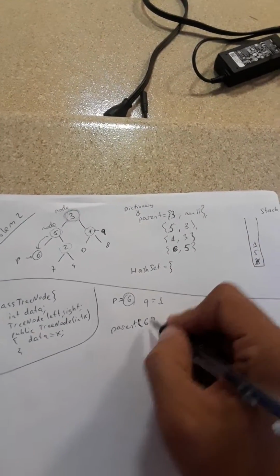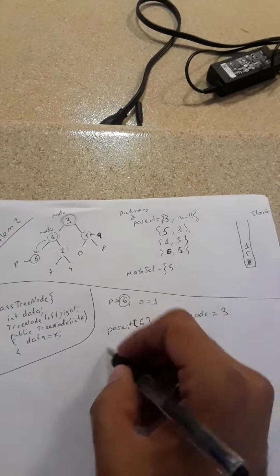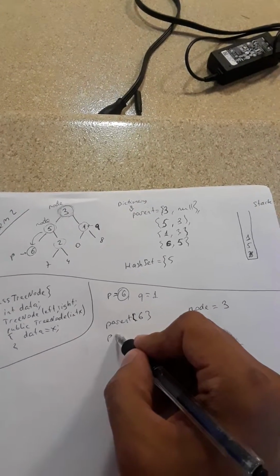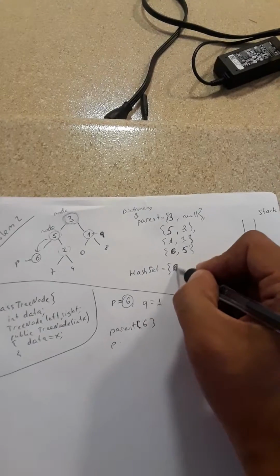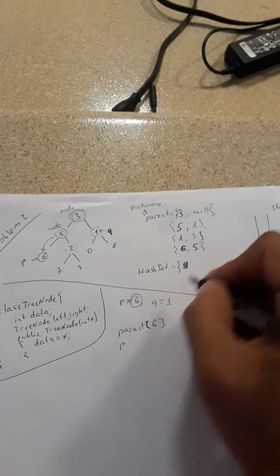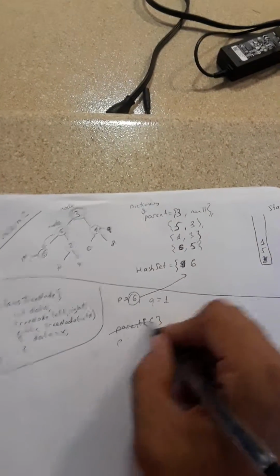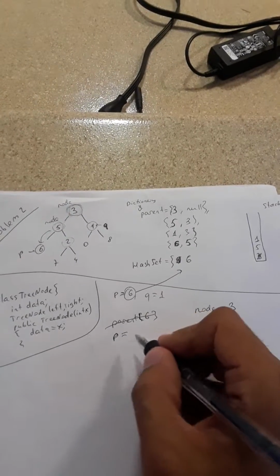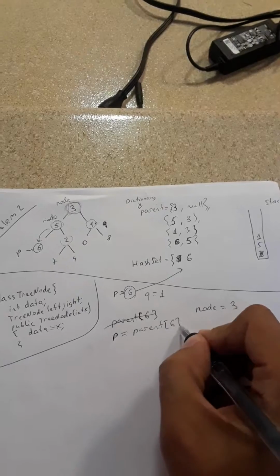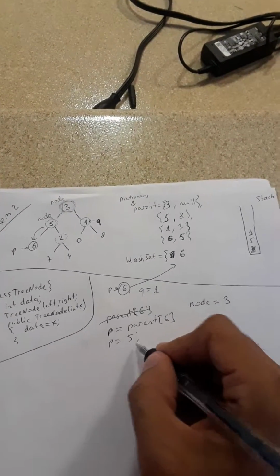So the parent of 6, which is 5, will go to the hash set. I will pass P itself to the hash set, which is 6. Then I will reset my P to the parent of 6, which makes my P equal to 5.